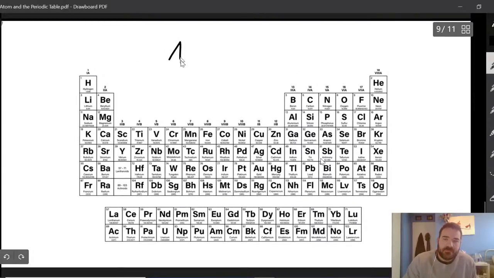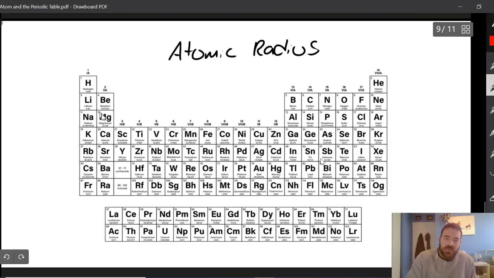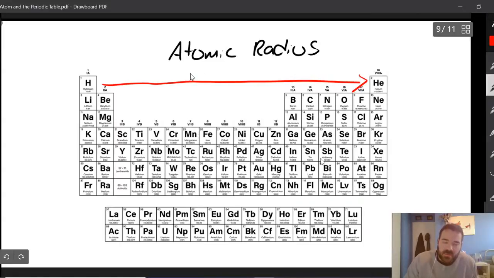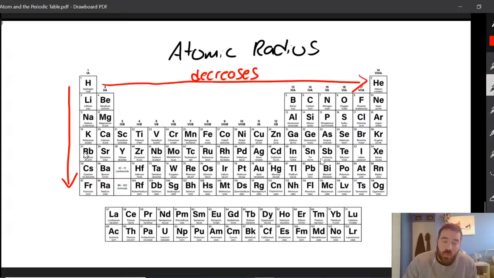So atomic radius, as we go from left to right, the general trend, and of course it's chemistry so there's always exceptions, but the general trend is that it decreases. But as we go from top to bottom within a group, because every successive atom within the group has 1 extra electron orbit, and electron orbits negate the effect of having an increased number of protons and electrons.